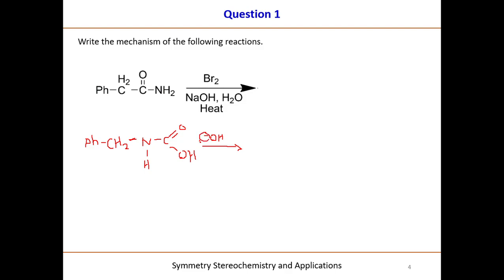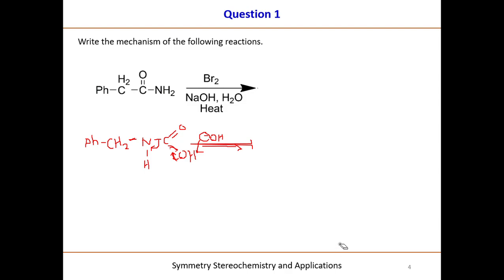It will take proton from here, and this will take place here. This is the arrow. Okay. So CO2 release will take place here. So what will we get here?